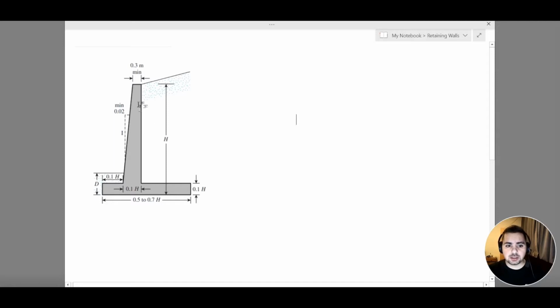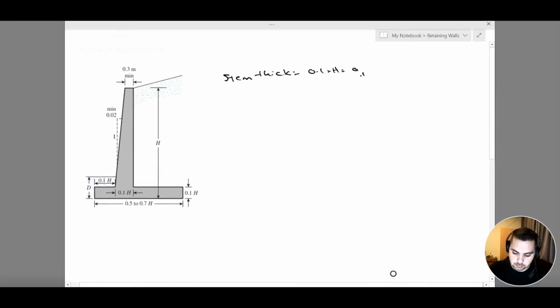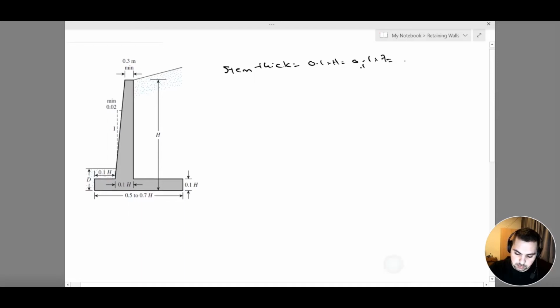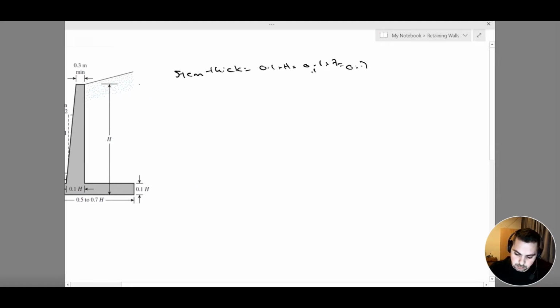This wall is going to have a stem thickness of 0.1 times h, which is 0.1 times 7 equals 0.7 meters.